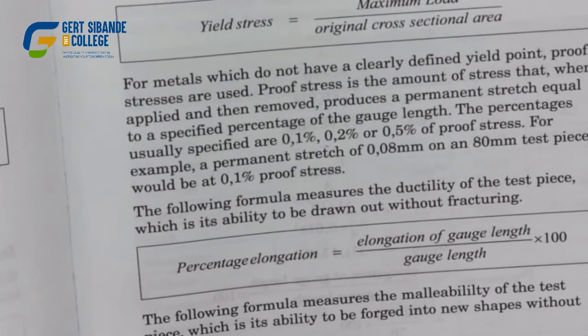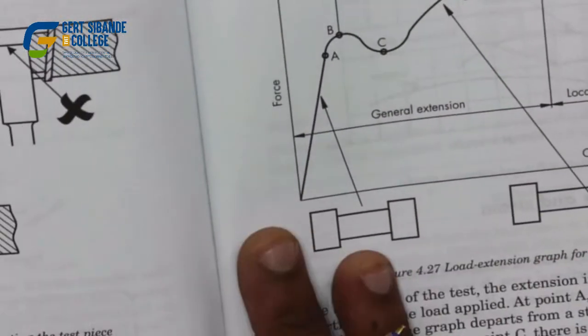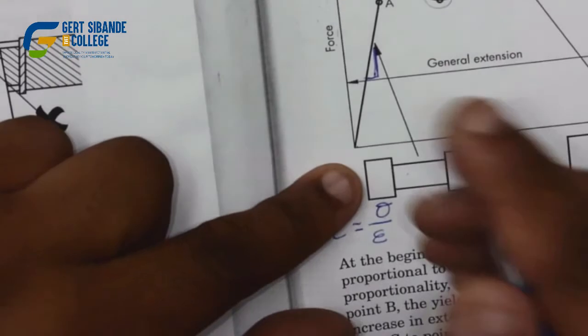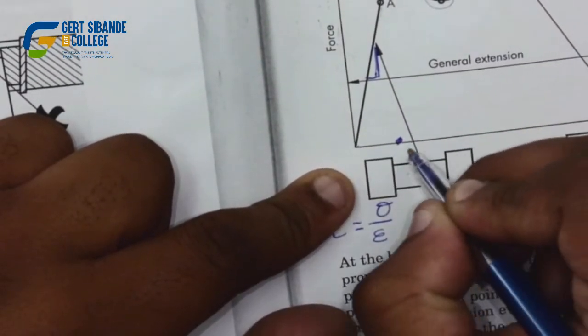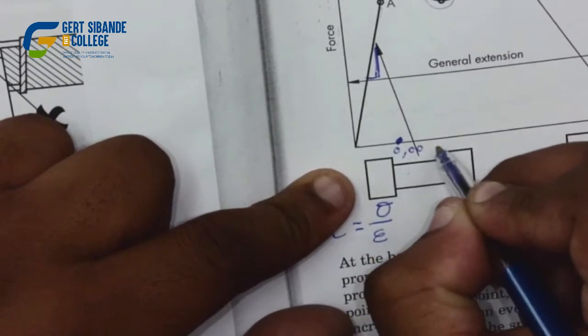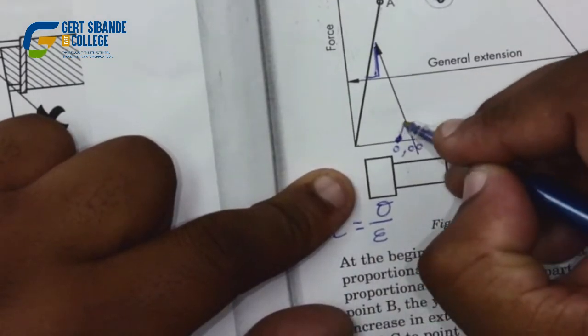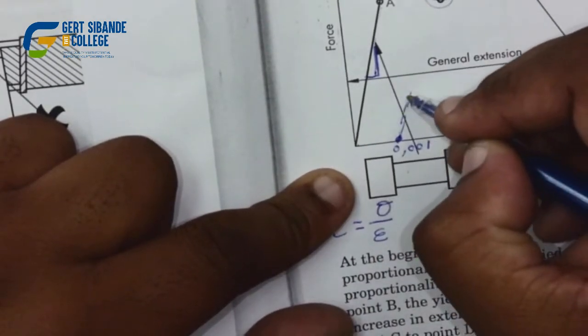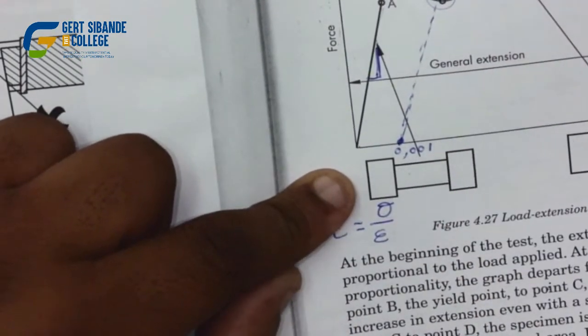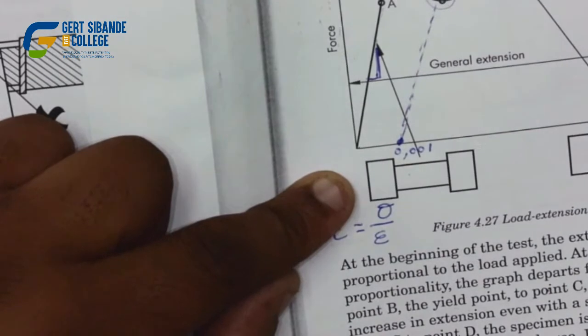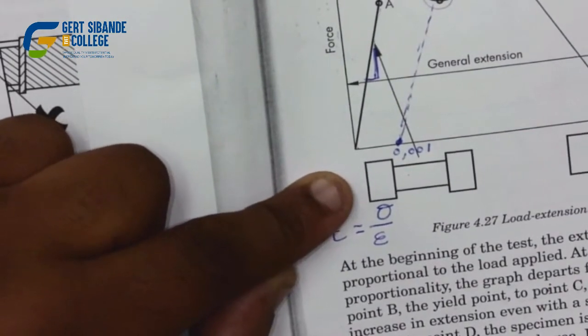That line starts at the initial point and will be parallel to the stress-strain curve. In other words, the material can only stretch 1%, and after that it will go into plastic deformation.